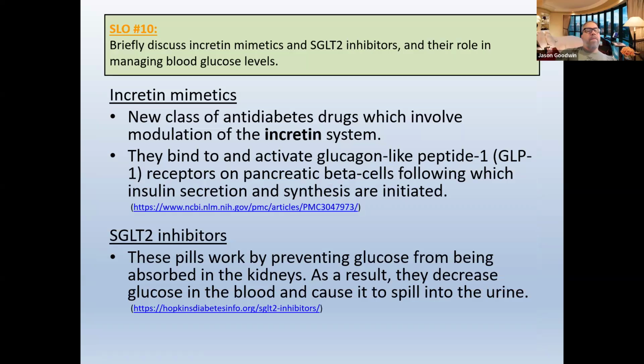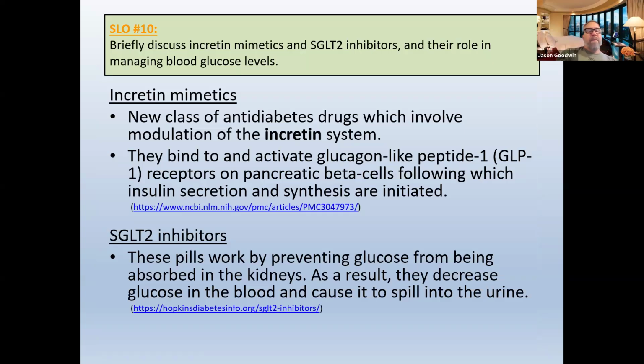Okay, so incretin mimetics, these are a new class of anti-diabetes drugs that involve modulation in the incretin system. They bind to and activate glucagon-like peptides, so GLP-1s.